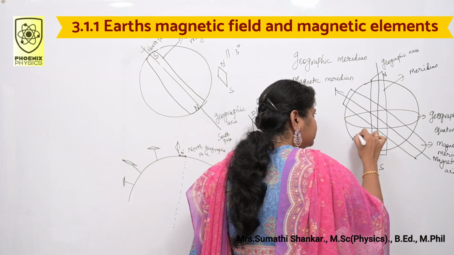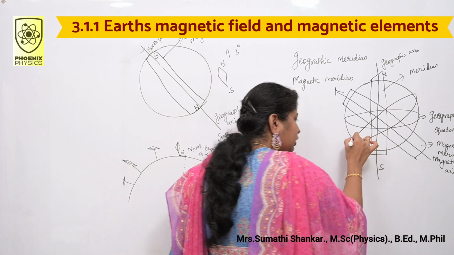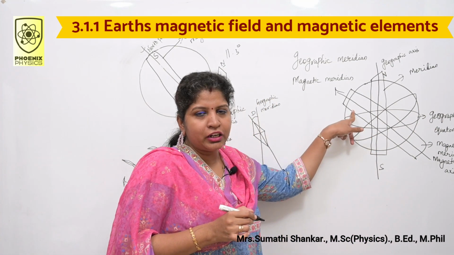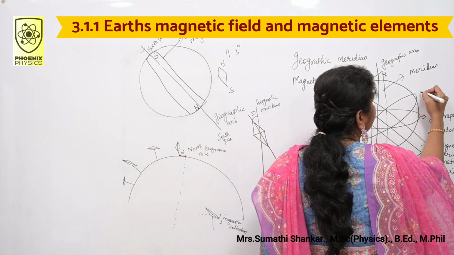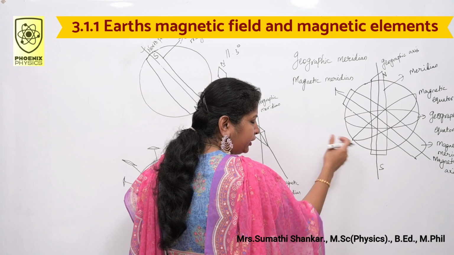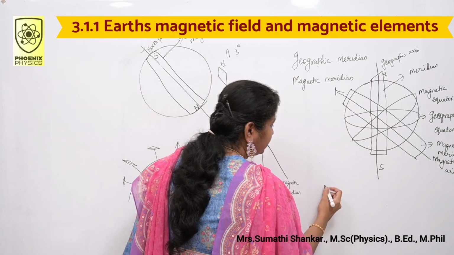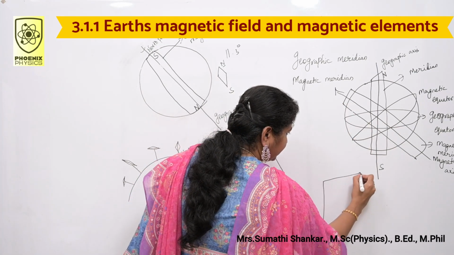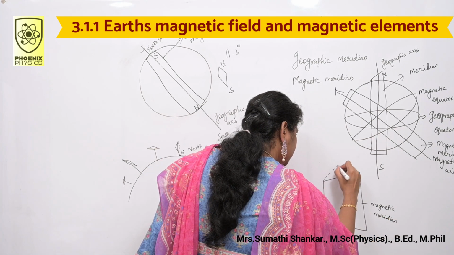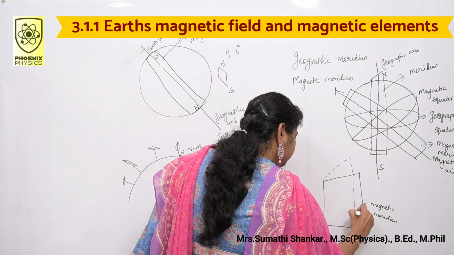A circle perpendicular to this magnetic meridian is called magnetic equator. For your understanding, I redraw the diagram. This is our magnetic meridian. This one is geographic meridian.